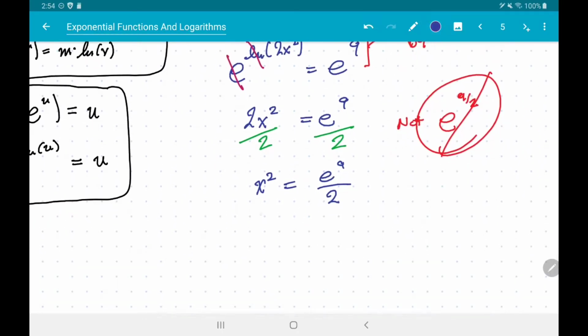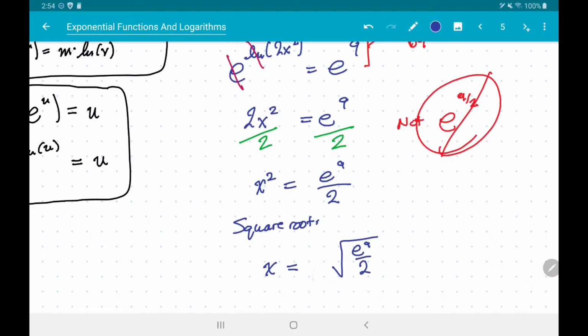Okay, which brings us back here to x squared equals e to the 9th over 2. How do you get rid of squaring? Well, you use the square root. So x equals square root of e to the 9th over 2. And here's where we get to some unfortunate complications.